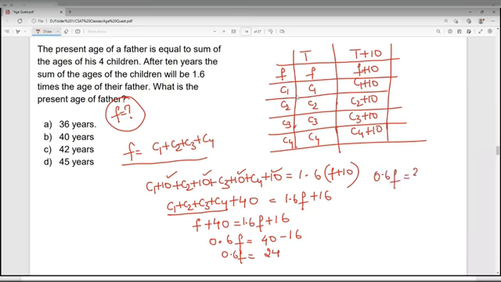Or F is equal to 24 by 6 into 10. 0.6, I have taken it as 6 by 10. So 10 goes here in the numerator and 6 comes down. 6 1s are 6, 4s are 24. Father's age is 40. So the correct answer is B.